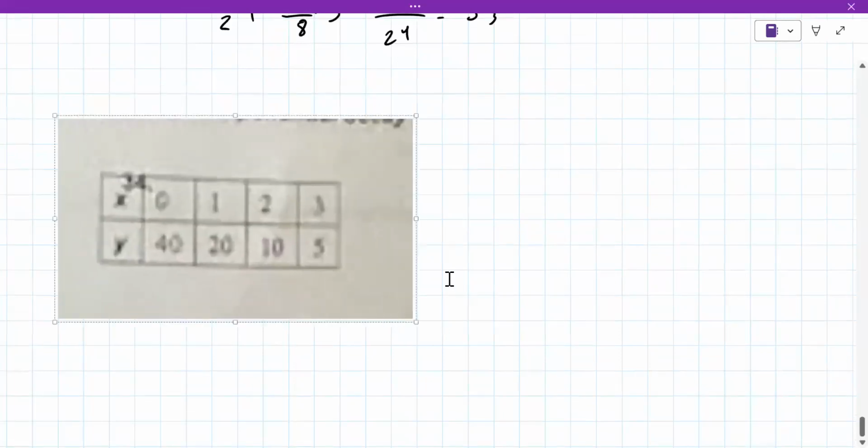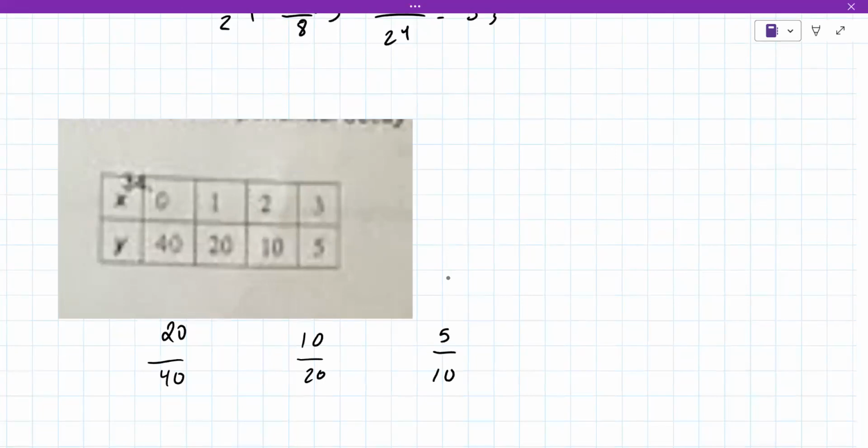Okay, so it's kind of the same deal here. You take 20 divided by 40, then 10 divided by 20, then 5 divided by 10. Are these all the same? Yeah. So that means this is exponential. Exponential's a lot like geometric.